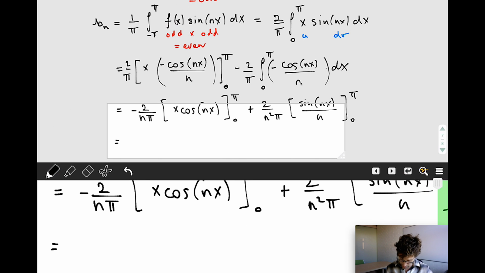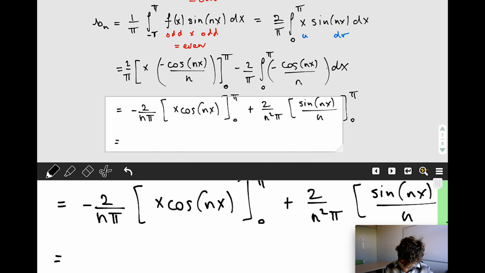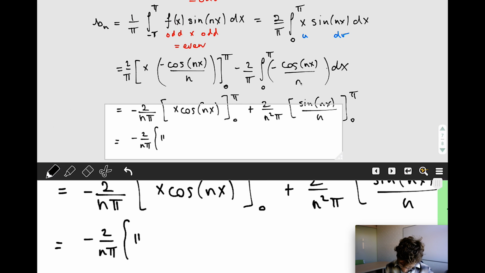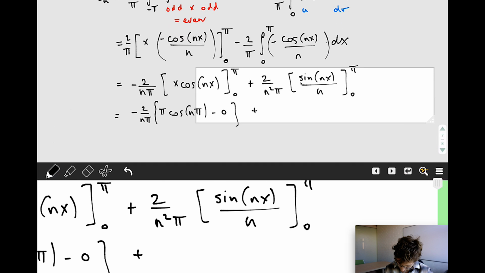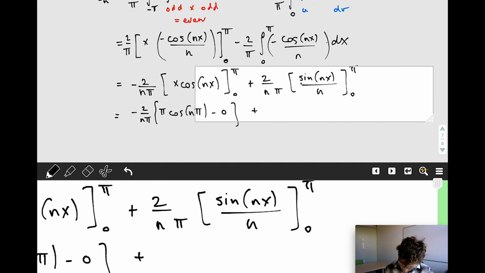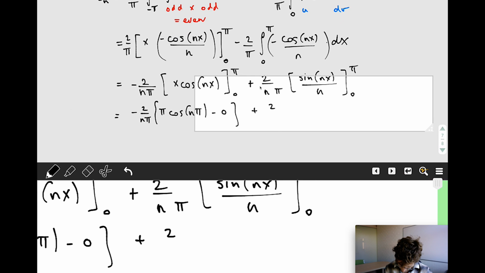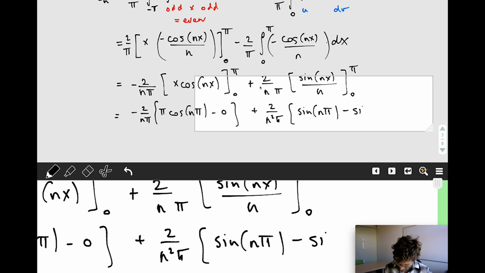Sticking in those values of x, we're going to get minus 2 over n pi, pi cosine n pi, minus 0, since x is equal to 0, plus 2 over n squared pi times sine of n pi minus sine of 0.